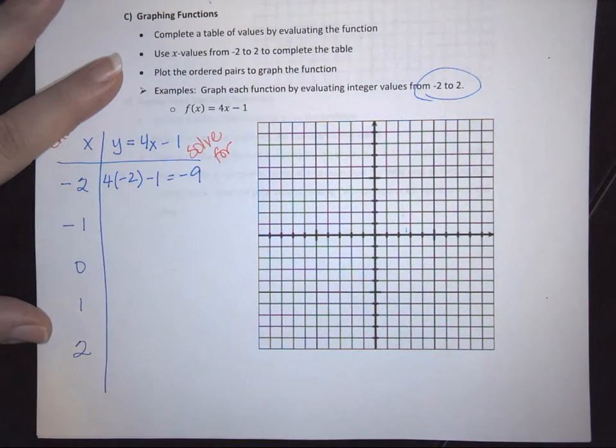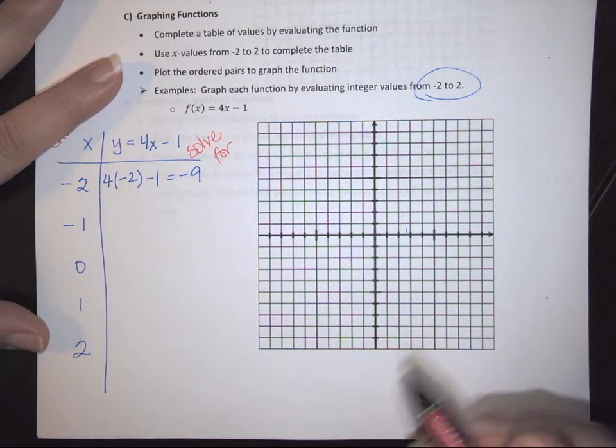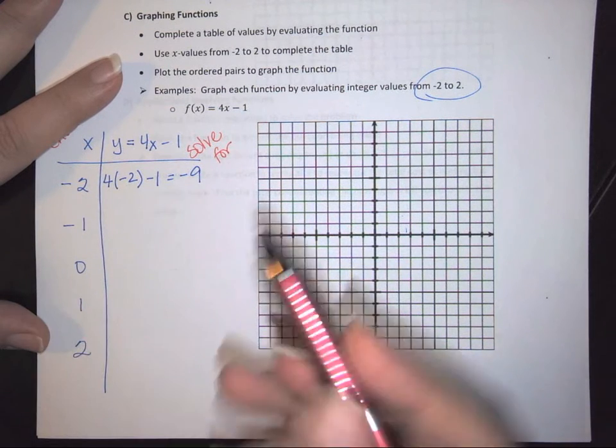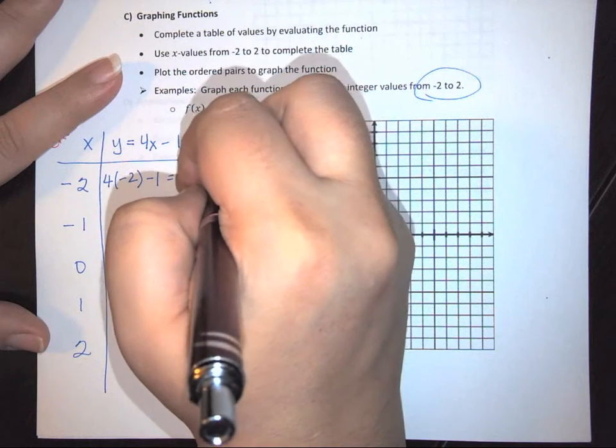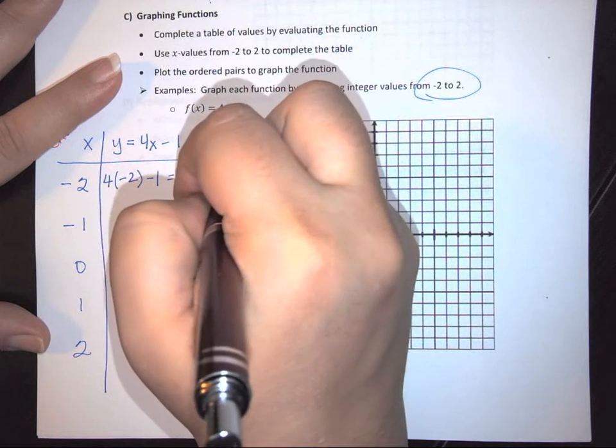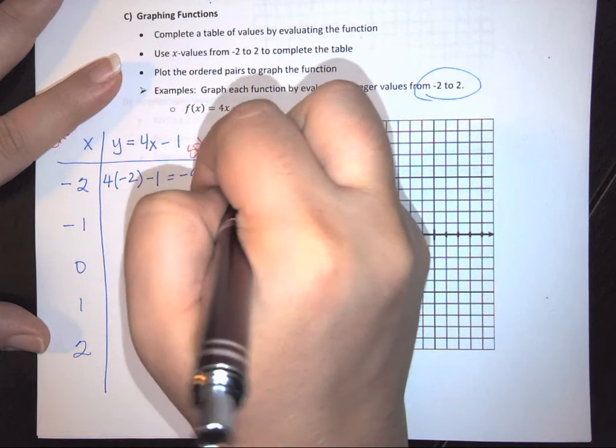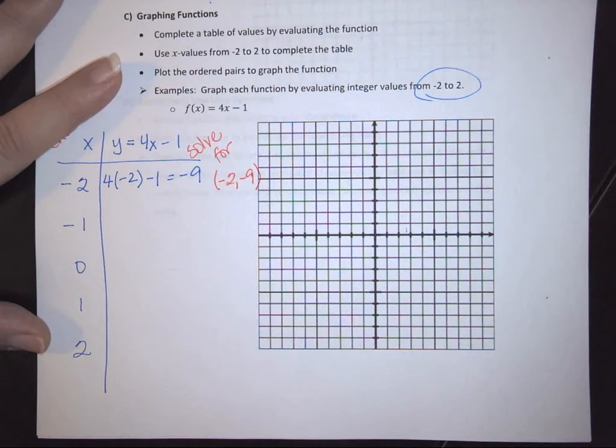Now, one thing that I've seen help a lot of students as you work through is once you figure out what your pair is, you write it as your coordinate point. So this is the point -2, -9, because this is going to help you when you go to graph.